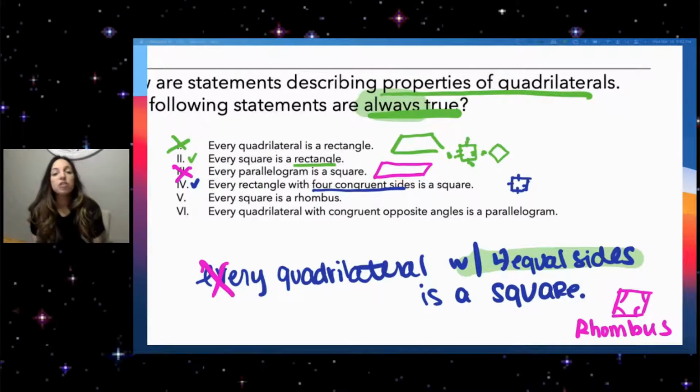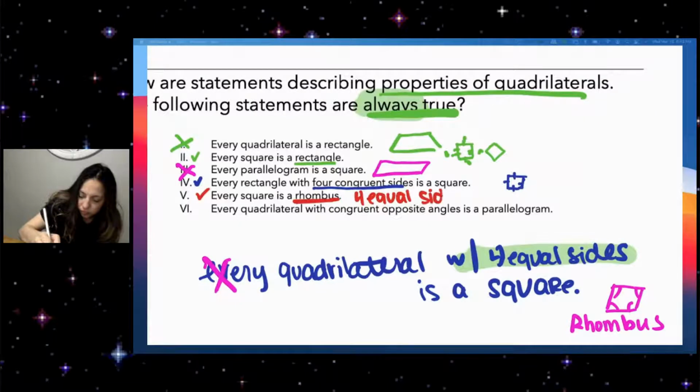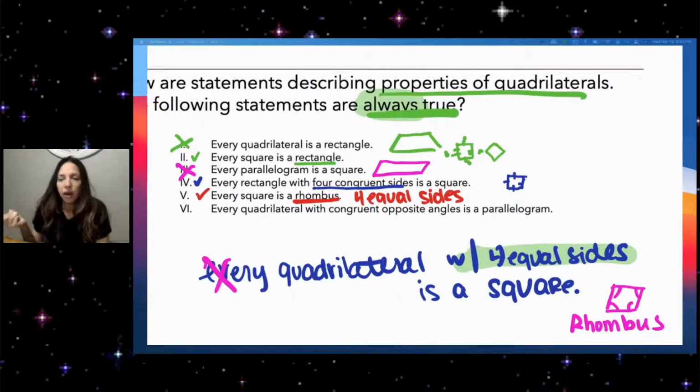Every square is a rhombus. Yeah, that's true. Why? Because the definition of a rhombus is literally just 4 equal sides. It's a parallelogram with 4 equal sides. So every square is going to be a rhombus because every square has 4 equal sides. Every quadrilateral with congruent opposite angles is a parallelogram. Whew, that's a lot of vocabulary in one sentence.